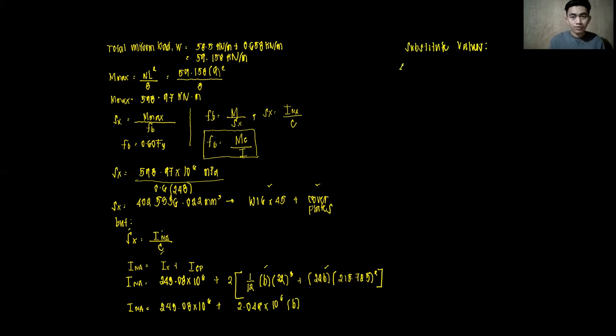Sx, which is equal to 402,536.022 is equal to INA, which is 243.08 times 10 raised to 6 plus, sorry, dito na lang, plus 2.049 times 10 raised to 6, multiply that by the base, divided by C. I repeat, going back to our diagram, ano yung value ni C?